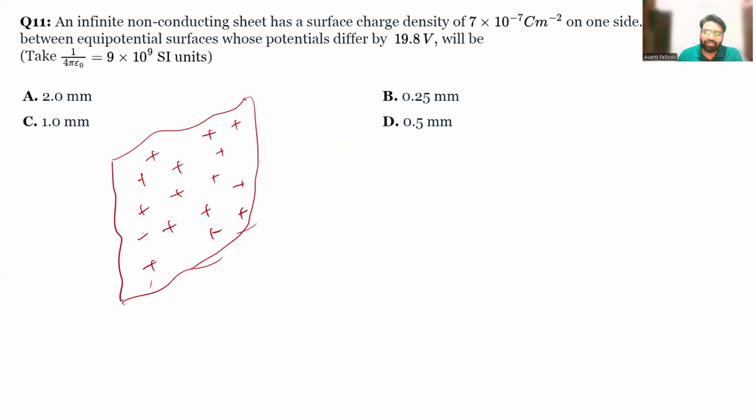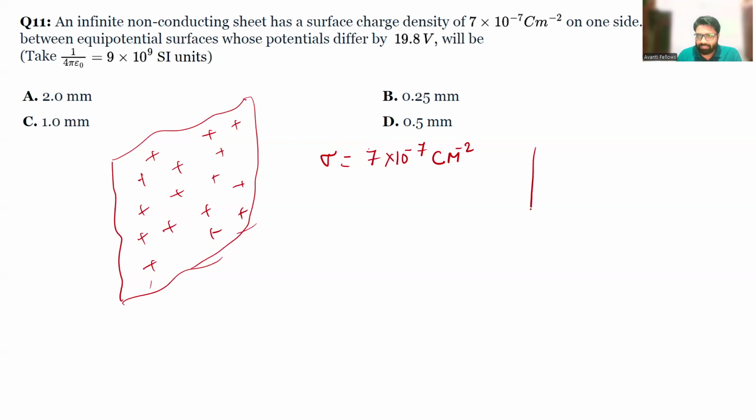This is a non-conducting sheet, so charge remains where it is. Charge will not move. And the surface charge density of this sheet is given as 7 into 10 raised to the power minus 7 coulomb per meter square on one side. Okay. Now, the distance between the equipotential surfaces.